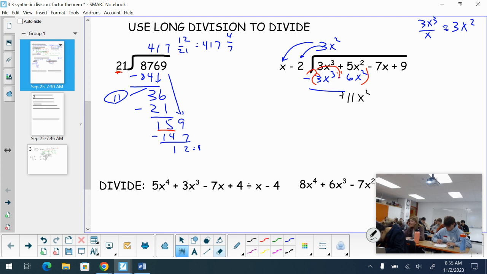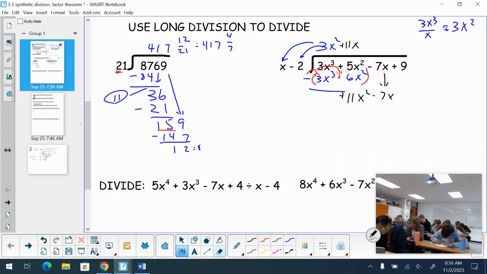Cool. Next step here, we drop down our negative 7x. And then we go through the same process. How many times does x go into 11x squared? Comes down to what, Ian? 11x.